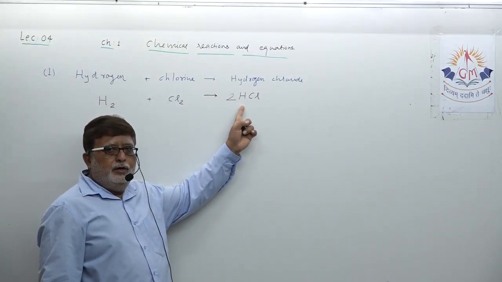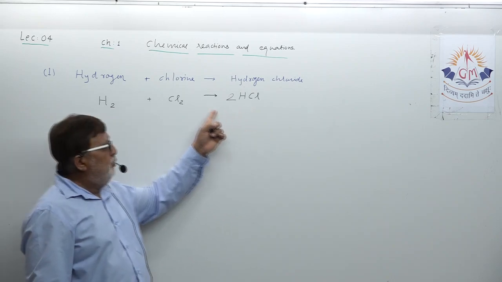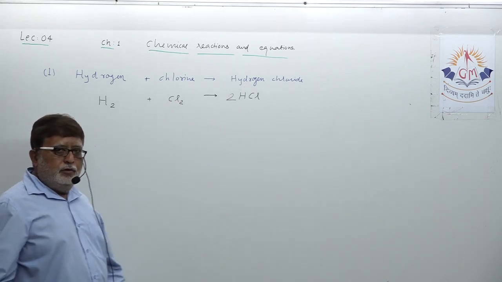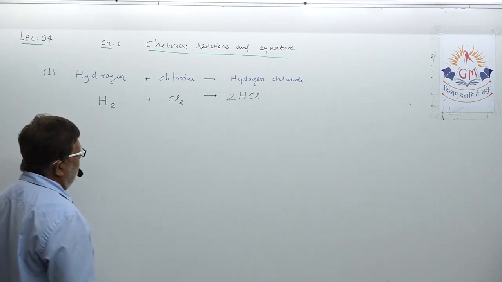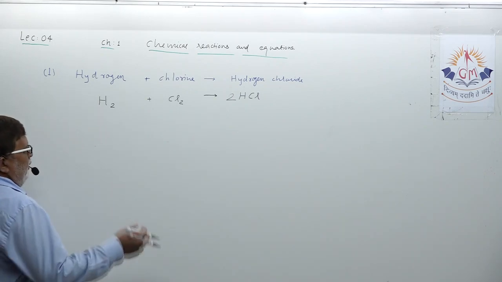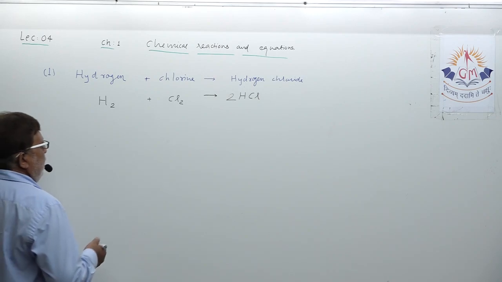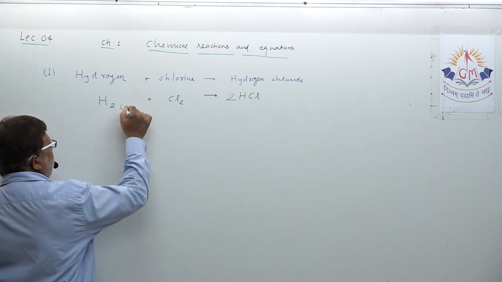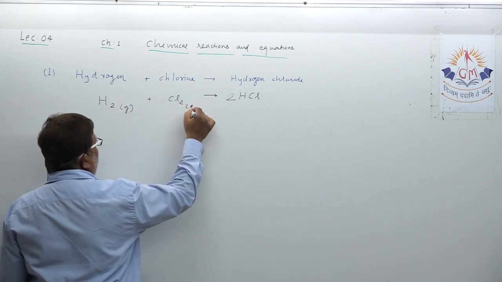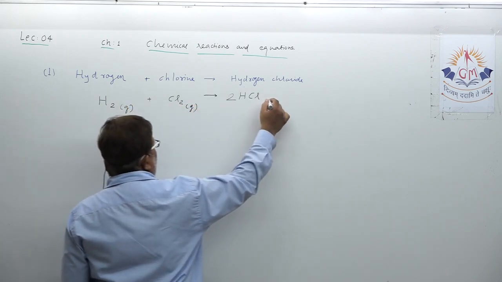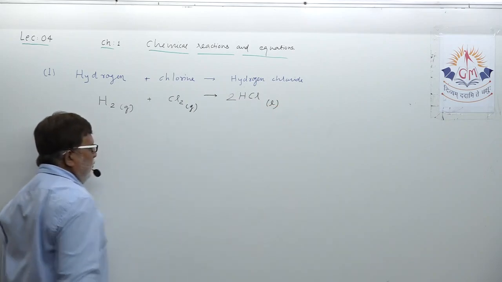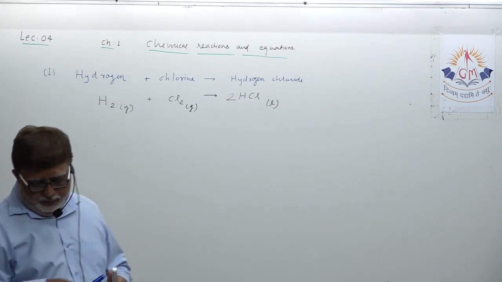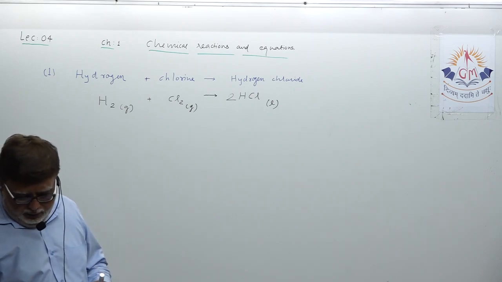Here there are 2 chlorine atoms. Here also there are 2 chlorine atoms. So hydrogen and chlorine atoms are both already equalized on both sides of the reaction. Understand? If you just want to write the states, this is gas, and this is liquid. Okay. So this is a completely balanced chemical equation.